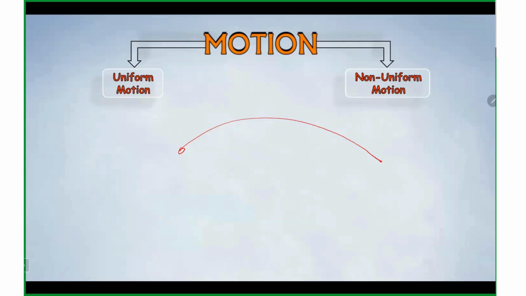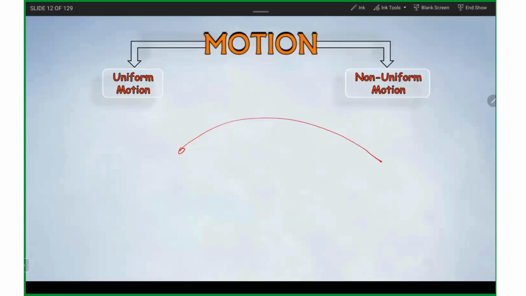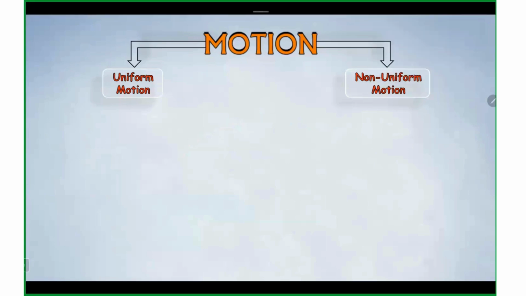Anything that can be measured. Anything that you can measure is a physical quantity. So in uniform motion, which physical quantity is uniform?